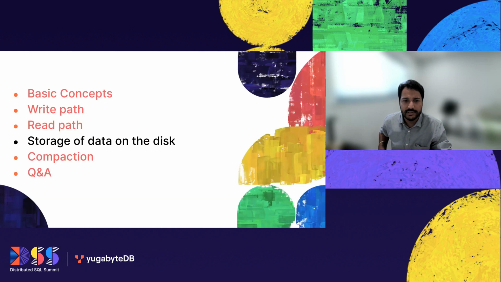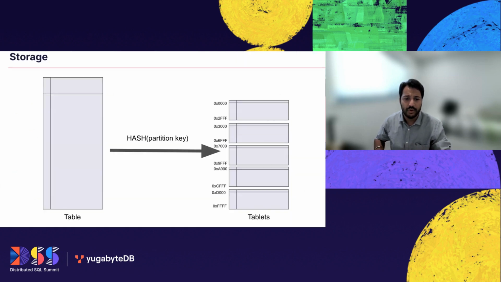Now let's just move on and see how the data is actually stored on the disk. So consider this big block on the left as a table where all of your data is stored. Now in Yugabyte, this table is actually partitioned into multiple smaller tables, which we call tablets.